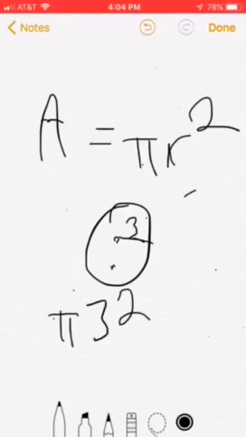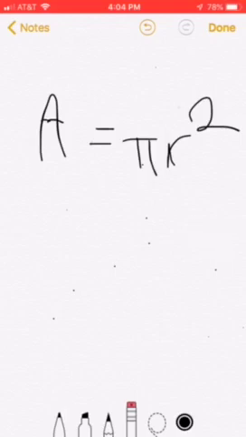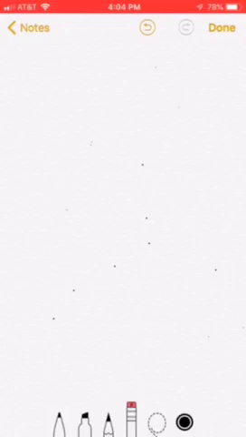And 3 squared is 9. If you don't know how to do that, I'll be showing you that in a later episode. So the answer is 9 pi. We could get the actual answer, but I'm not going to do that right now. So, now you know how to calculate the area of a circle.